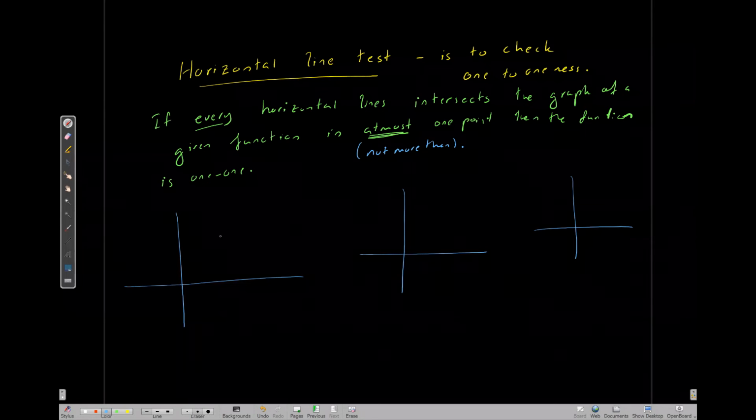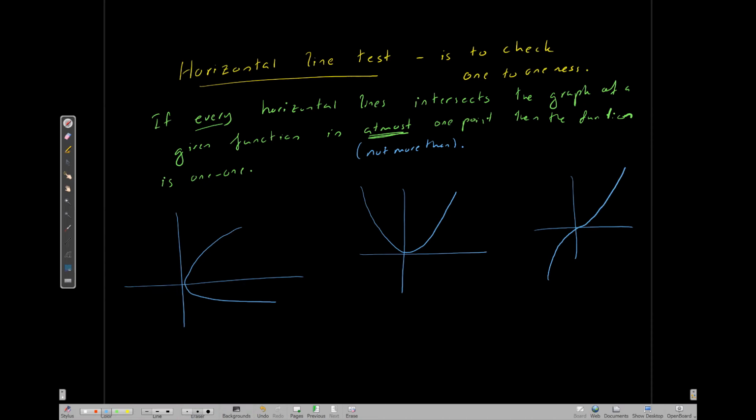Now, how about this? First of all, let's start with the second one. Any horizontal line. Well, one is enough because this line, and all the lines like it, violate the definition.